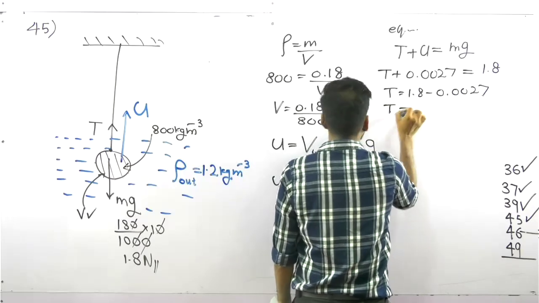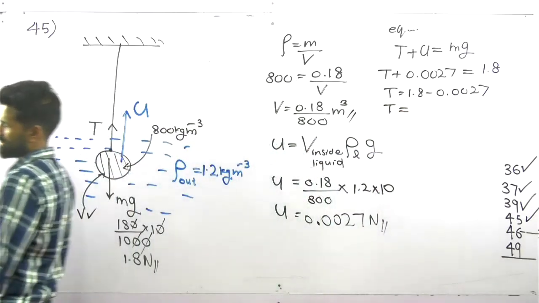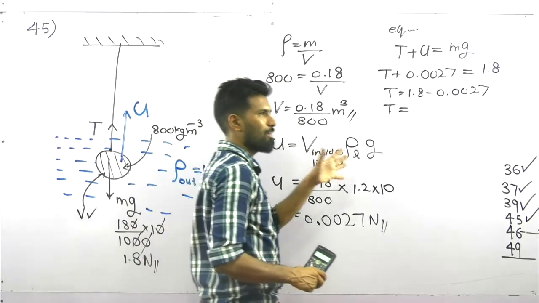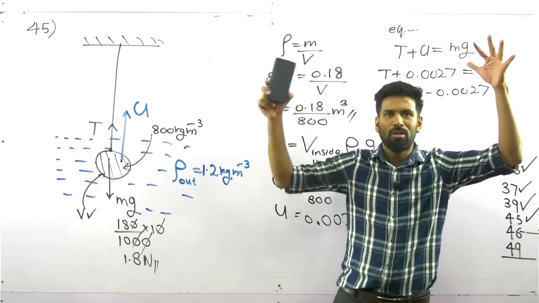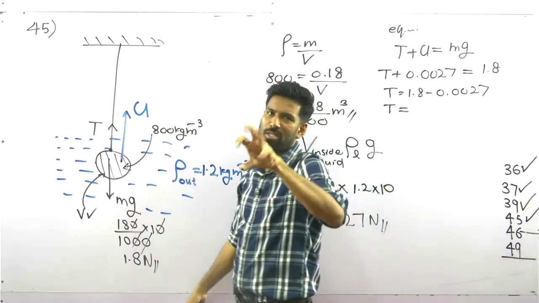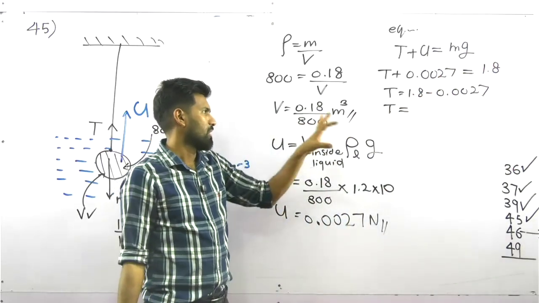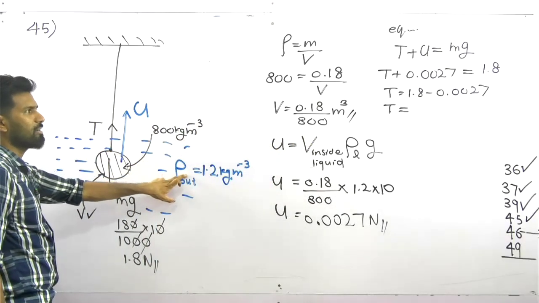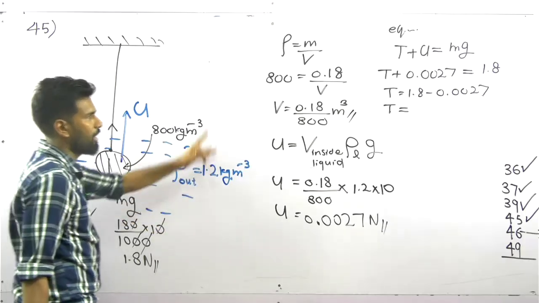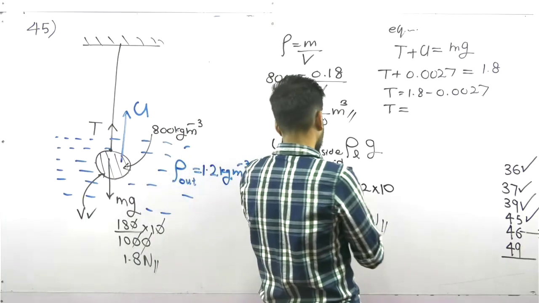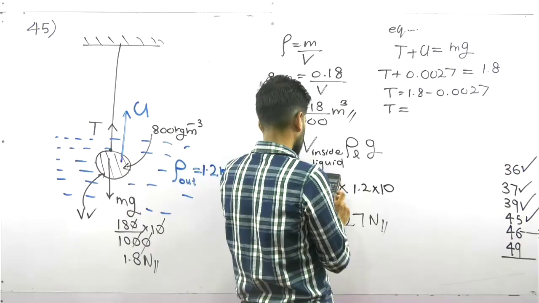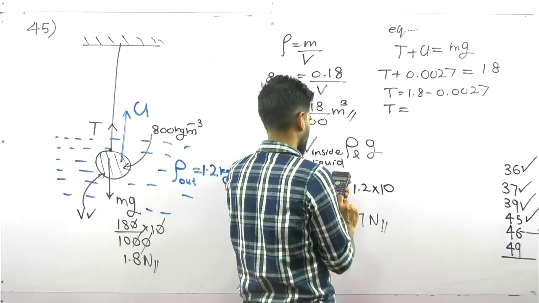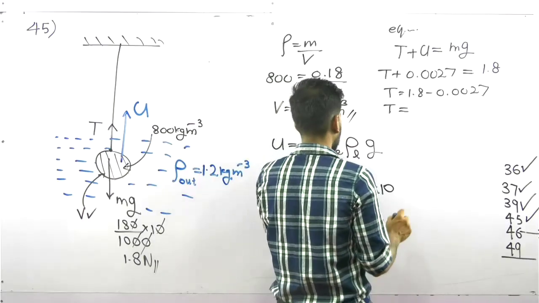The influence of the upthrust is very small, that's why we normally neglect it. We consider it only in hot air balloons, when the balloon is large, the volume is large and the upthrust increases. But especially in this kind of case, when they give us the outside air density, we can't leave it. We have to do it this way: 1.8 minus 0.0027, which is 1.7973.